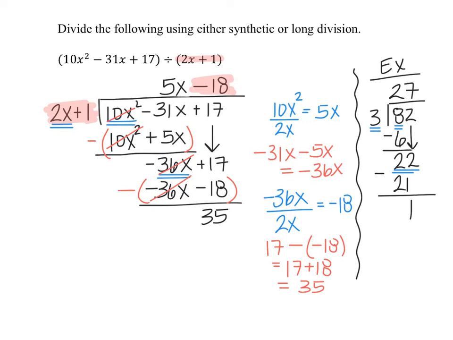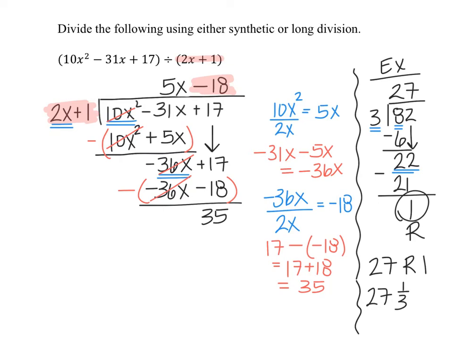Now back to my example of long division with whole numbers. When we first learned to do long division, you might remember that this was my remainder. So in the beginning, when you first learned long division, you might have been able to, in elementary school, write your answer like 27 remainder 1. But then we learned really what we mean by this is it's 27 and 1/3 as our final answer.